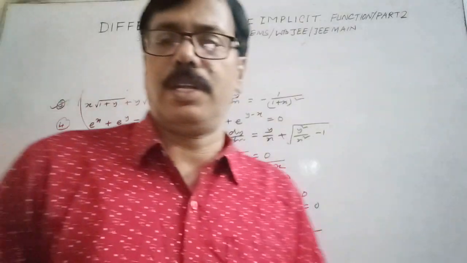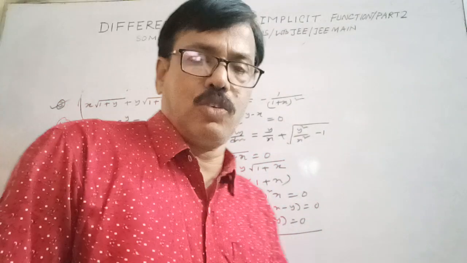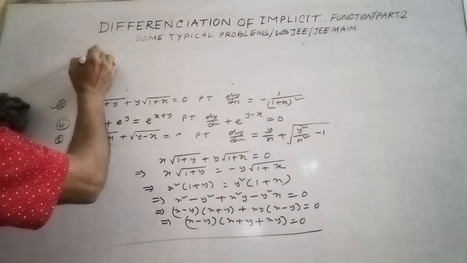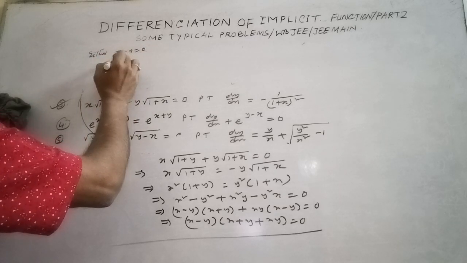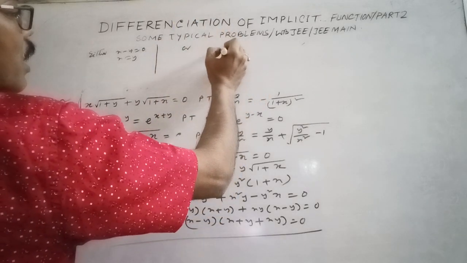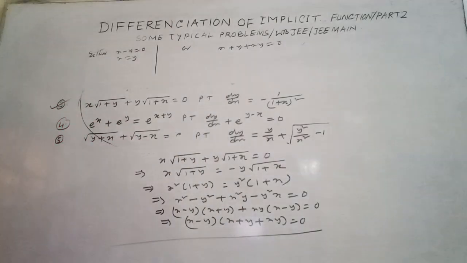So this can be factorized. So we are getting two options. What is the first option? Either x minus y equals to 0, so x equals to y, or x plus y plus xy equals to 0.